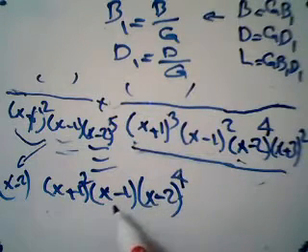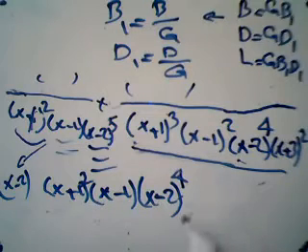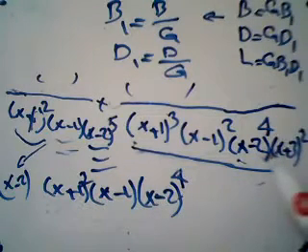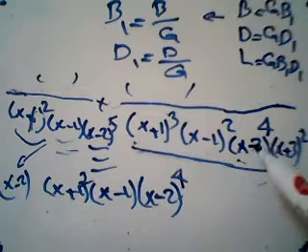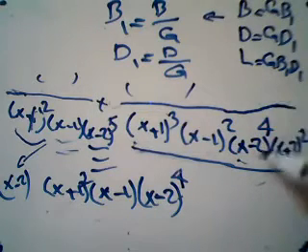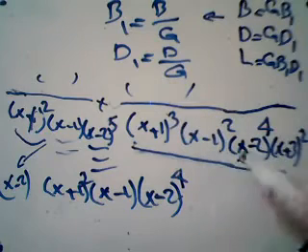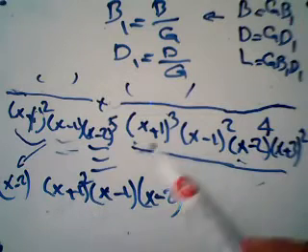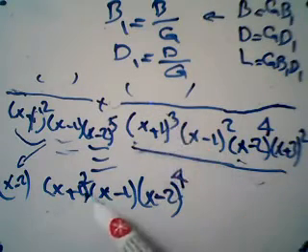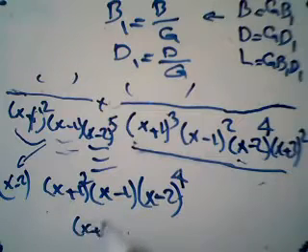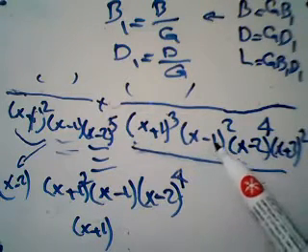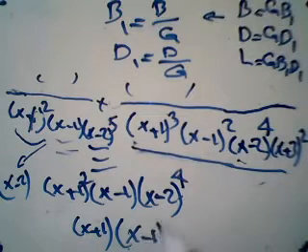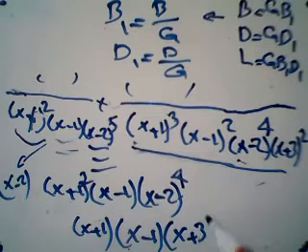Suppose this is the denominator of this, and this is the other denominator. We just want to find D1, the other factor of this. So that would be equal to, here we got x plus 1 cubed, here squared, so x plus 1, here x minus 1, and here they go away, and x plus 3 squared. This is the other factor of this.